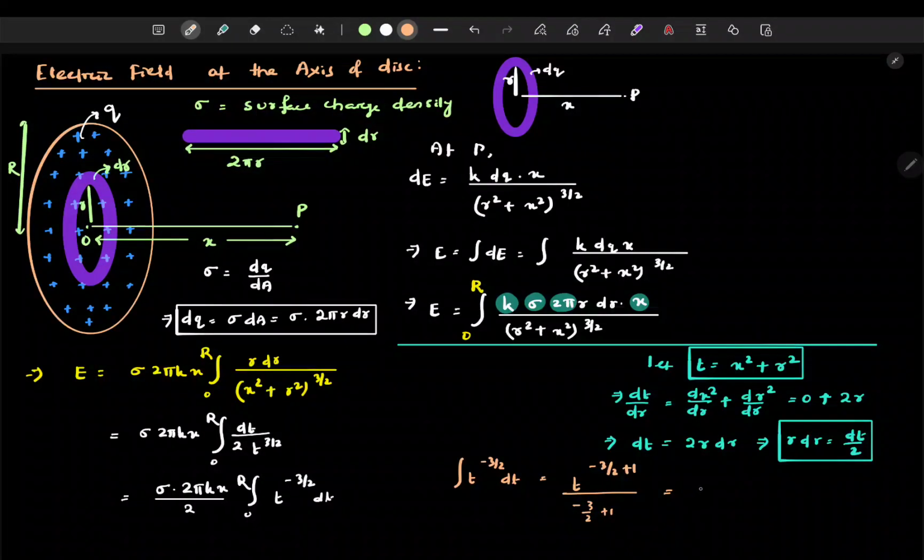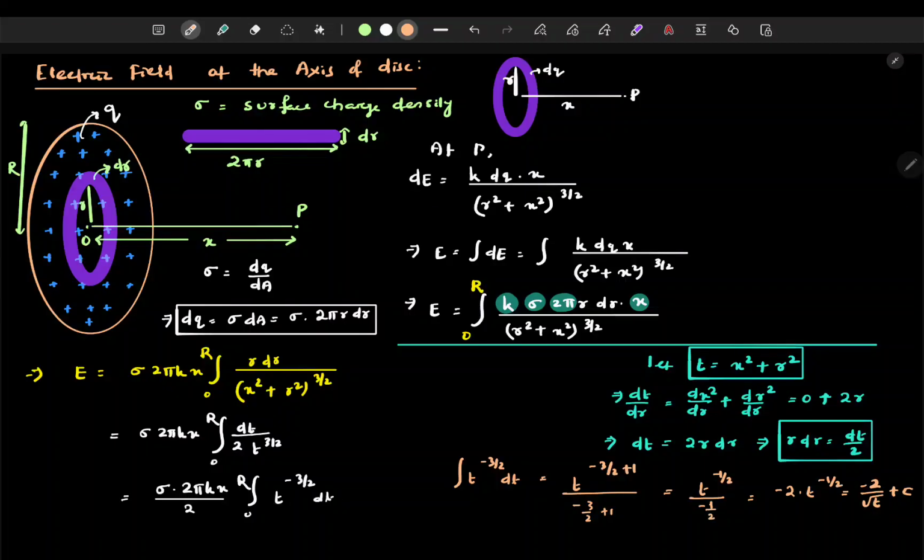So it will be t to the power minus 1/2 divided by minus 1/2. So it will be minus 2 into t to the power minus 1/2, and t to the power minus 1/2 can be written as 1 by root t. So minus 2 by root t plus c.